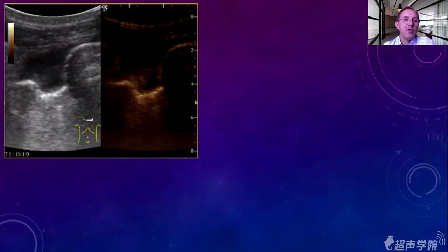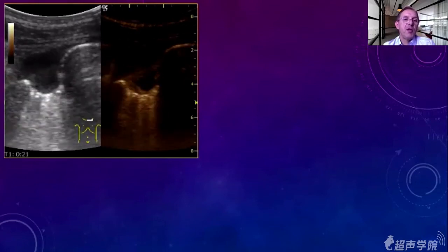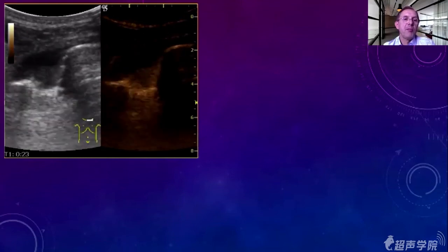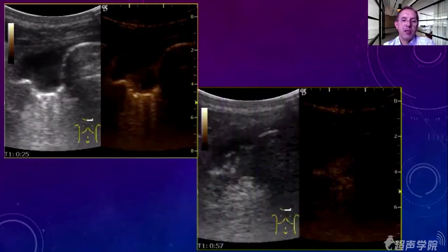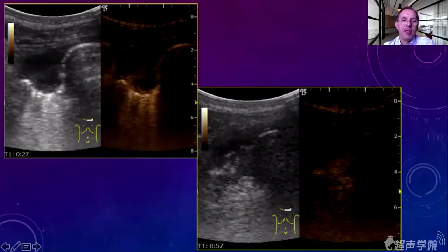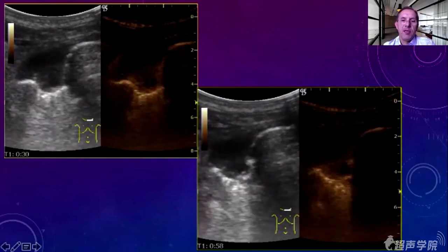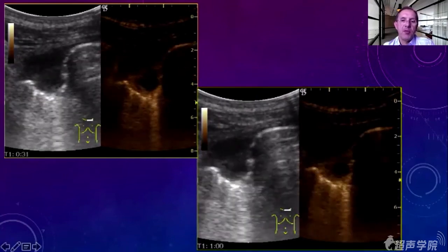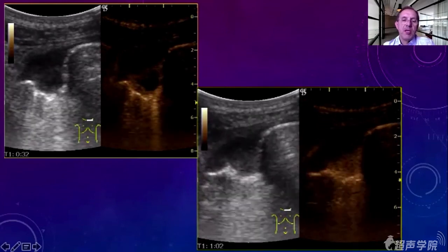So it was suspicious for a malignant lesion, but in the venous phase there was not a very important washout.